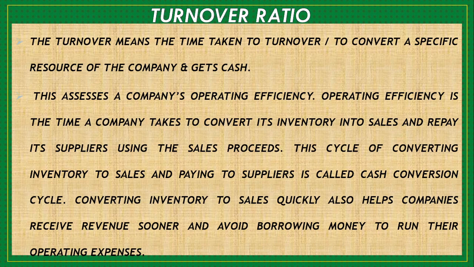This cycle of converting inventory to sales and paying suppliers is called the cash conversion cycle. Converting inventory to sales quickly also helps companies receive revenue sooner and avoid borrowing money to run their operating expenses.